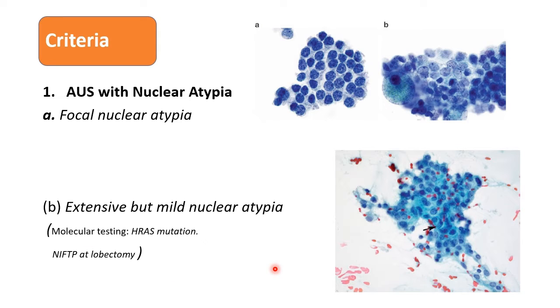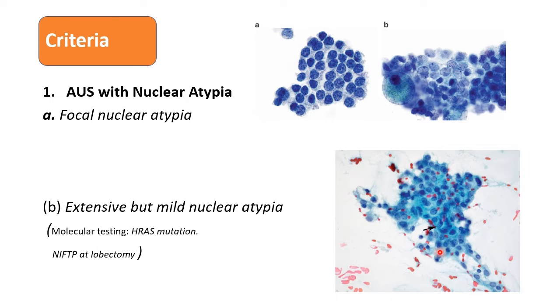Then another scenario is extensive nuclear atypia, but the nuclear atypia is mild. You can see in this picture there are extensive nuclear changes, nuclear grooving, no nuclear inclusions, no pseudopapillae, but mild nuclear atypia present throughout the thyroid follicular cells.